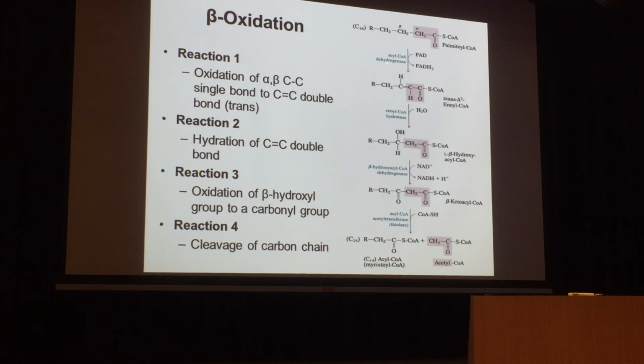Trans configuration means the hydrogens must be on opposite sides. We draw it like that in the 2D version. Now this is catalyzed by this enzyme called acyl-CoA dehydrogenase. And again, when you see dehydrogenase, you must remember that NAD or FAD is involved. In this case, FAD is involved to remove the electrons and becomes reduced FADH2.